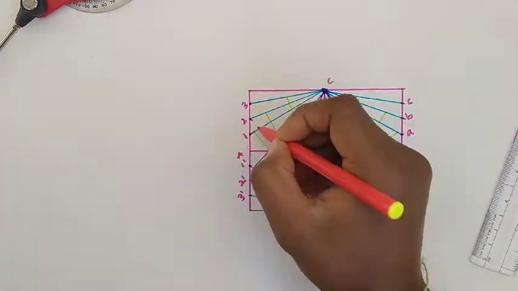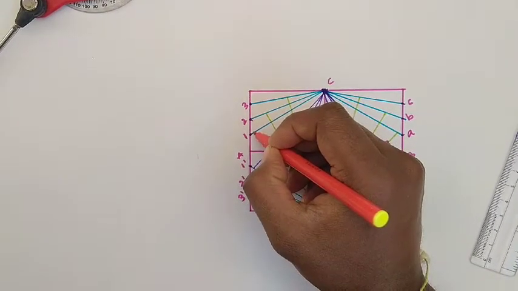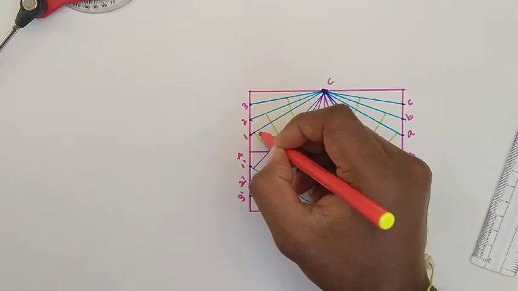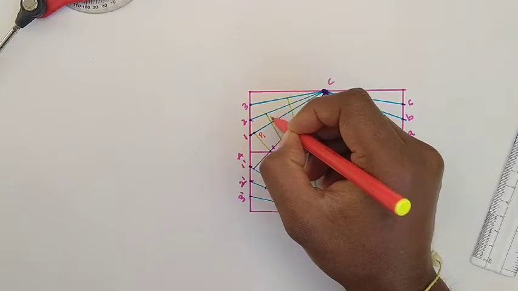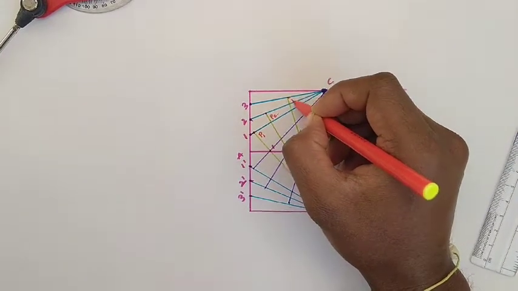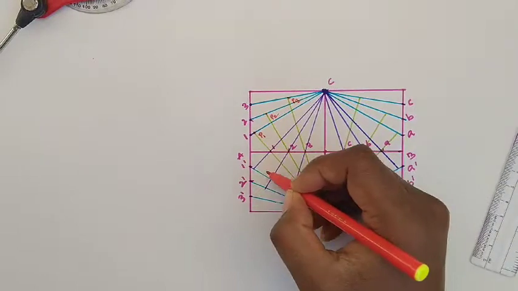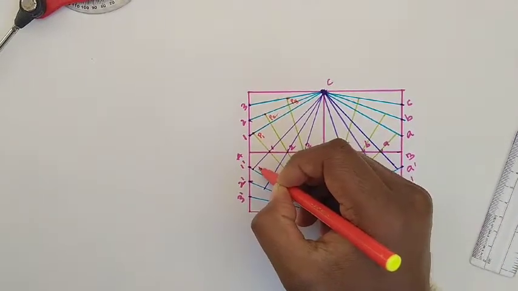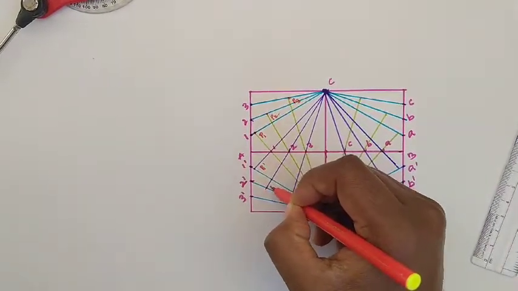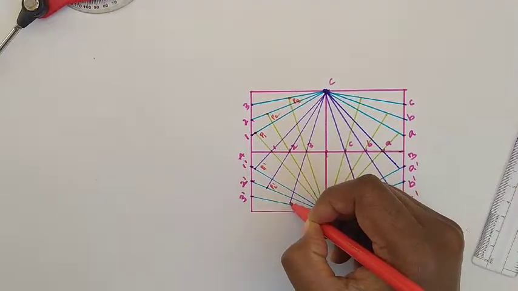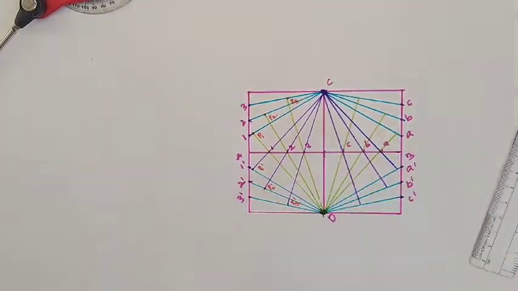This one, the 1 dash intersection point, is P1, this is P2 and this is P3. On the bottom side, this is P1 dash, P2 dash and P3 dash.